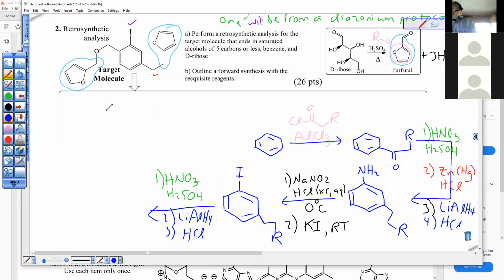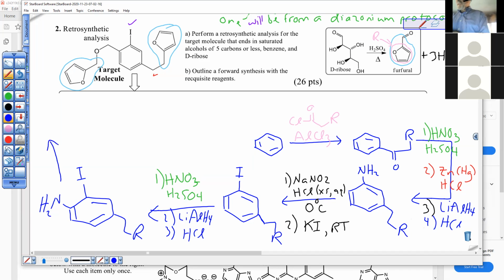So where are we at now? We're doing nitration, reduction, and we have this here. Iodine as required. NH2, which is going to lead us to cyanide.